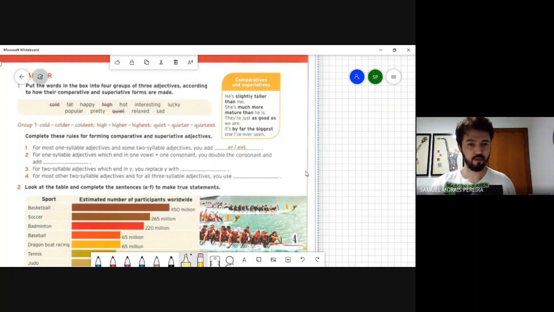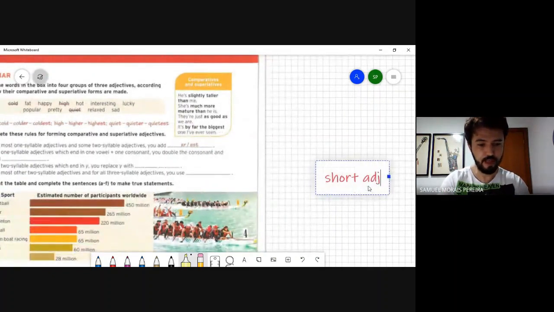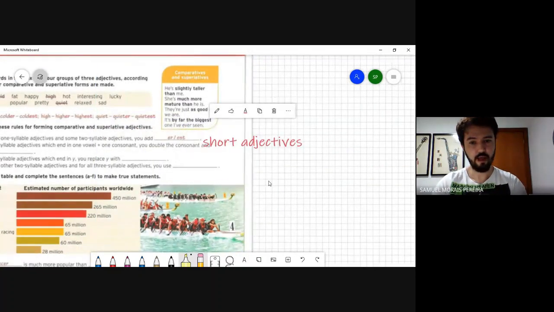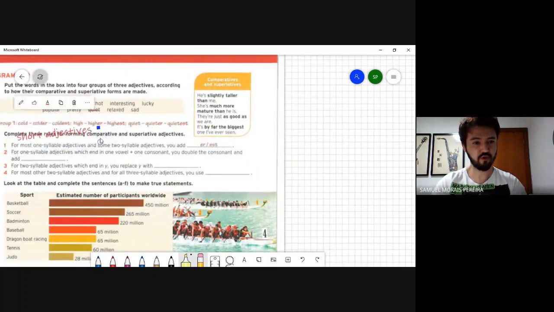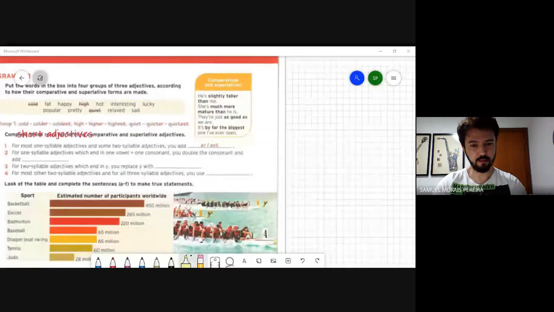Significa assim, ó, para os short adjectives, o que você faz com os short adjectives, que tem apenas uma sílaba, que eles estão falando, ó, uma sílaba ou duas sílabas? Você acrescenta ER ou EST, né?